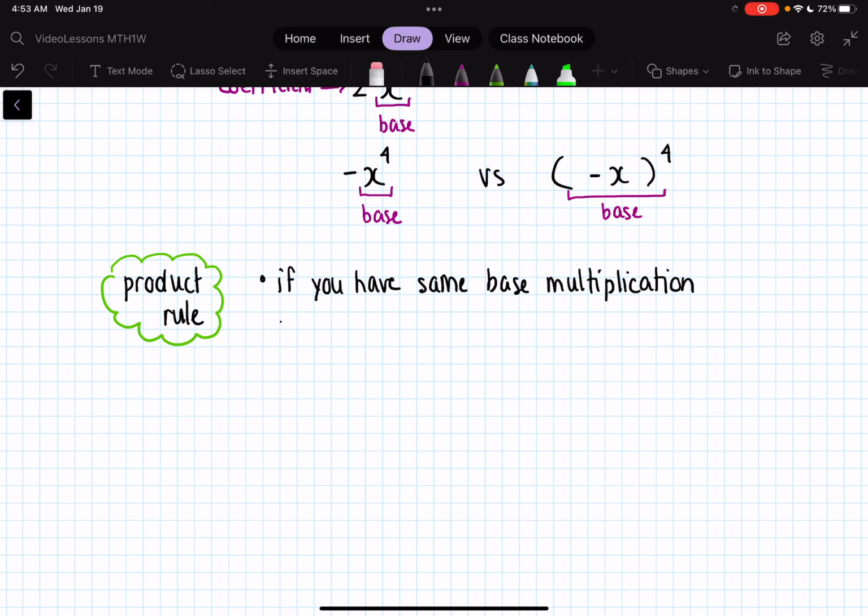So, almost like a coding statement, if we have same base multiplication, we write down the base and we add the exponents.